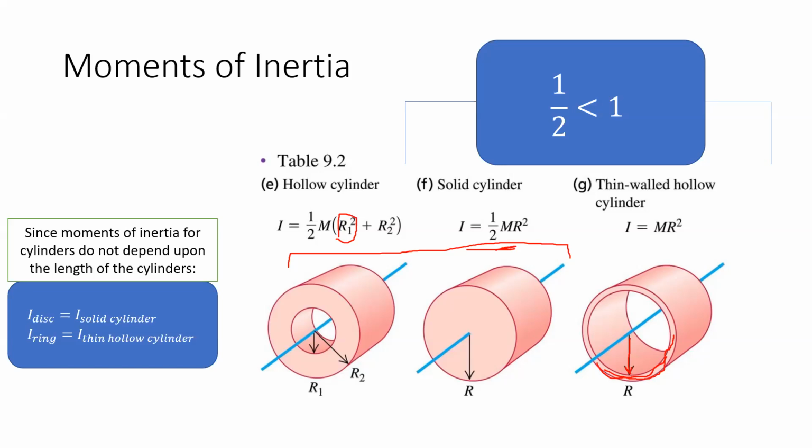Since the moment of inertia doesn't depend on the length of the cylinder, we can say the moment of inertia for a disc is the same as the moment of inertia for a solid cylinder. And the moment of inertia for a ring is the same as the moment of inertia for a thin hollow cylinder. So this will be useful to know when we are working on homework problems.